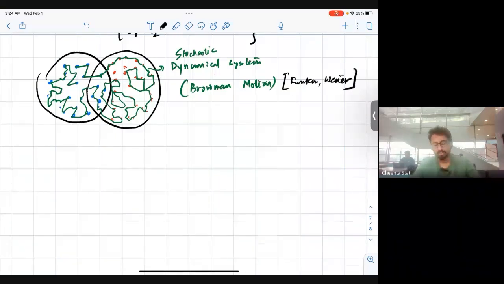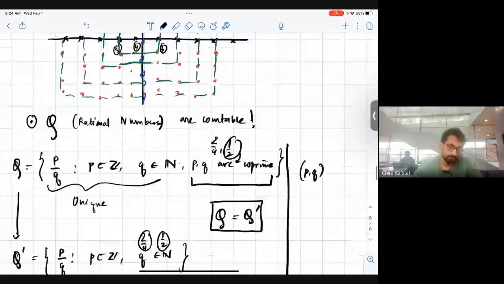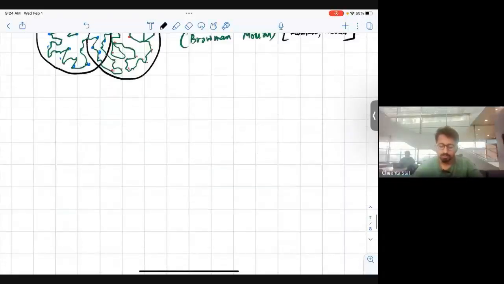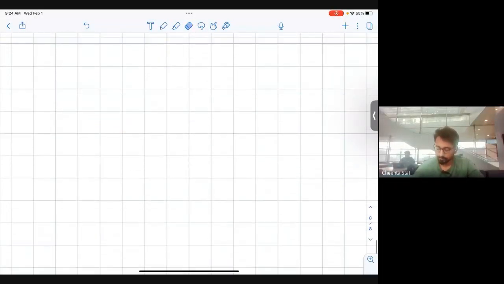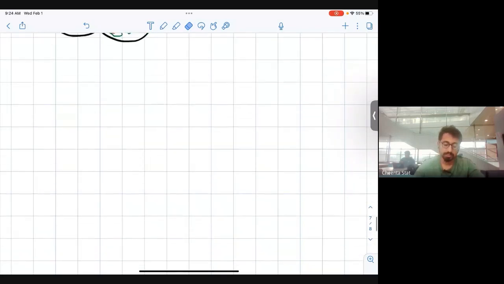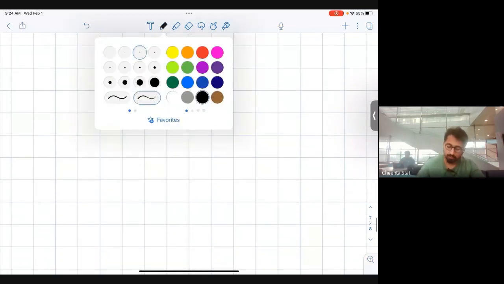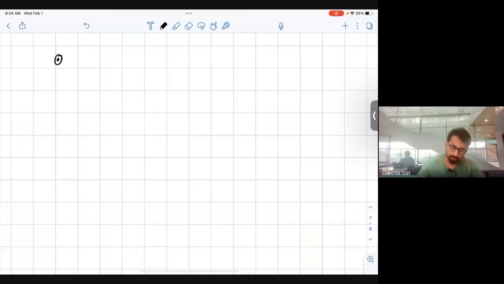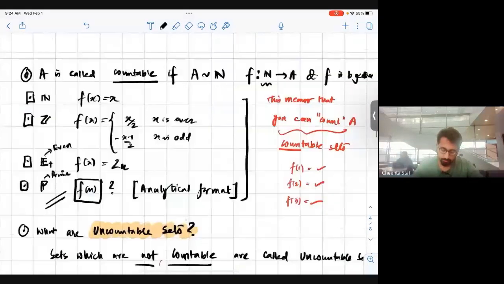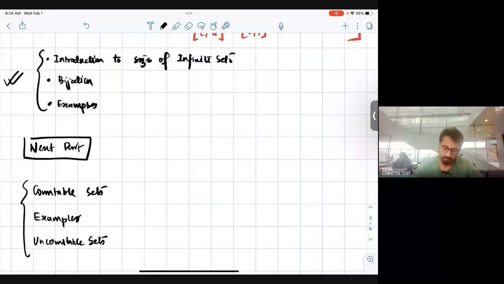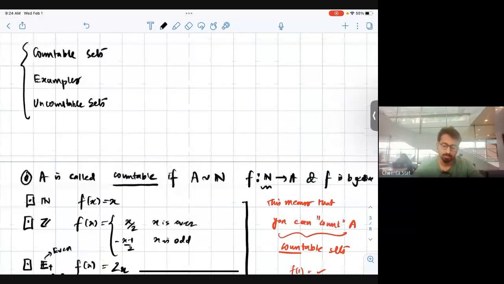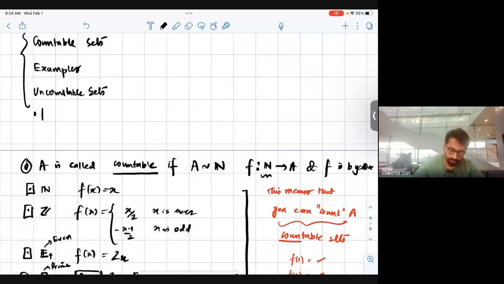So this is the second part of the lecture. Let's revise what we have done till now. We have done uncountable sets, countable sets, and properties of countable sets.